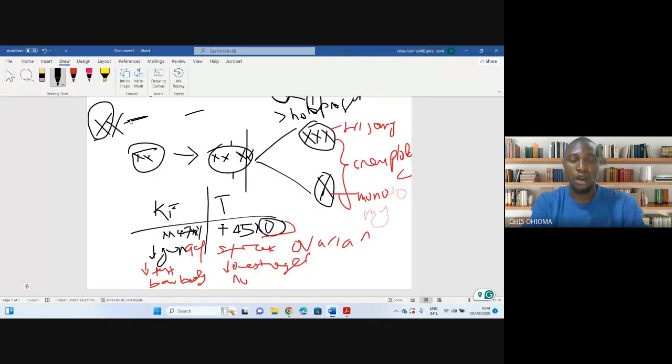What happens is that the first injury hits this chromosome, and then the second injury will hit the second chromosome that is active. So for you to have a genetic mutation, both chromosomes must be hit. Hitting one alone does not allow the patient to come down with a genetic mutation.